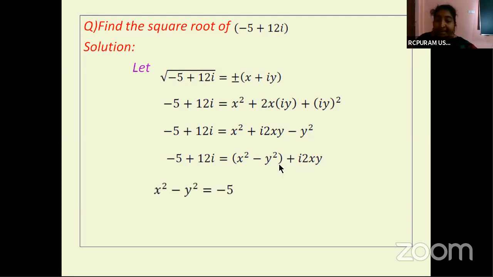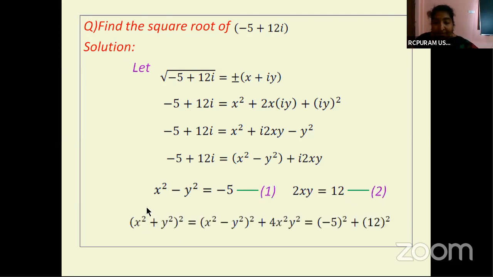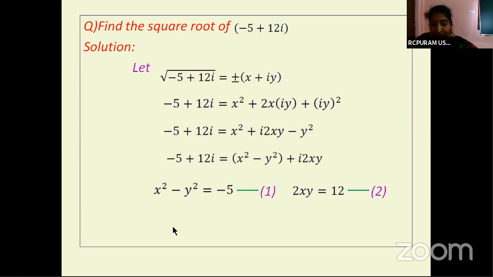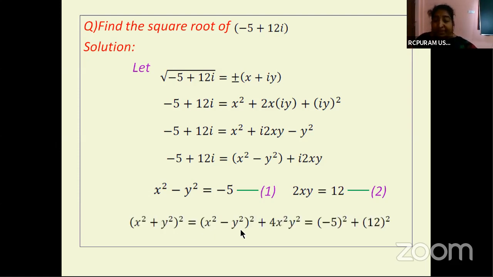By comparing the like terms on both sides, you will have it as x square minus y square is equal to minus 5 and 2xy is equal to 12. Then we will take these two as equation 1 and 2, children. We will consider x square plus y square whole square is equal to x square minus y square whole square plus 4x square y square.